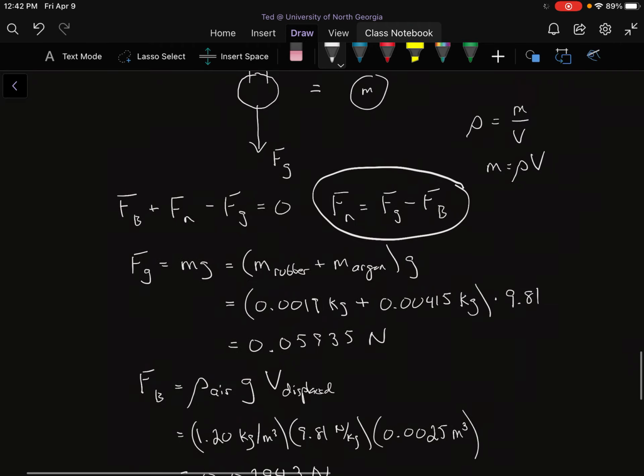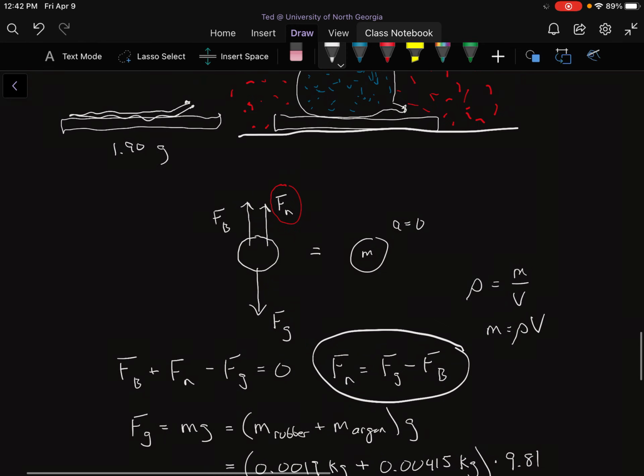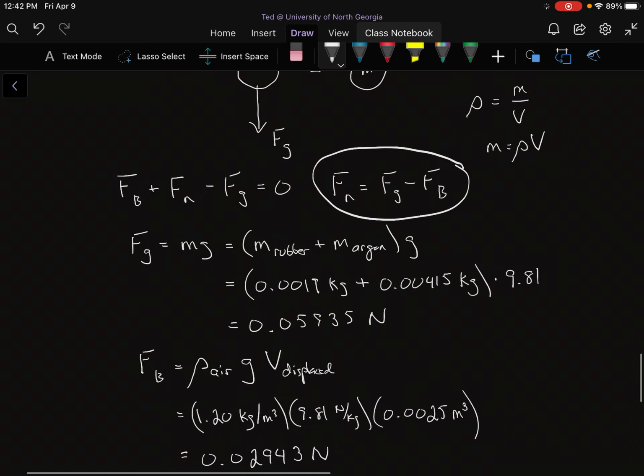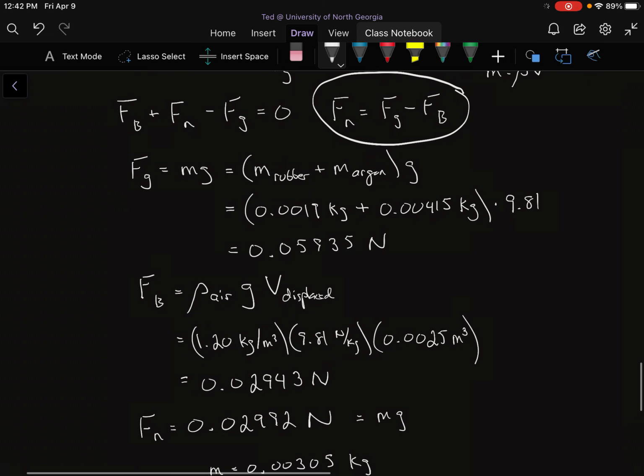Okay, and so here's the deal. The empty balloon was 1.9 grams, and when we filled it with argon, it actually got a lot heavier. We could actually figure that out, right?